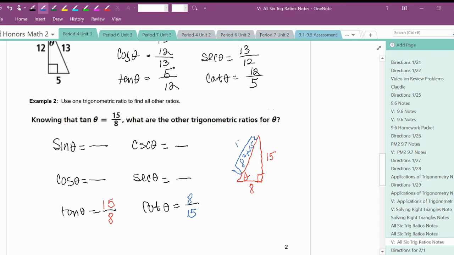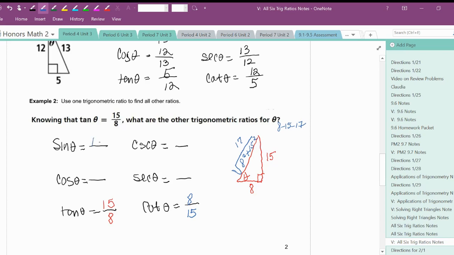This actually is 17. This is a Pythagorean triple: 8, 15, 17.